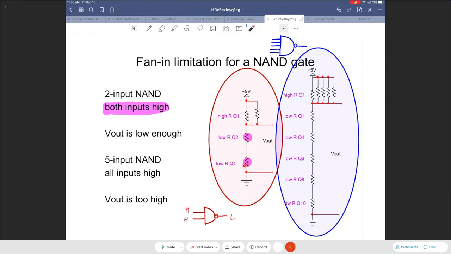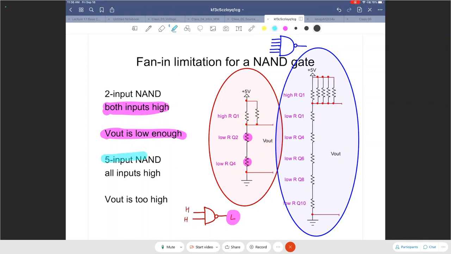So the resistance is less, and hence the voltage drop across that will be low enough, and you will be able to get a low V out. That's good.